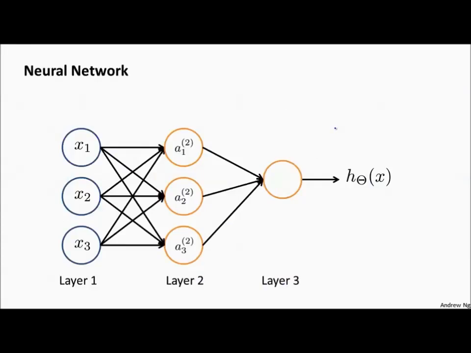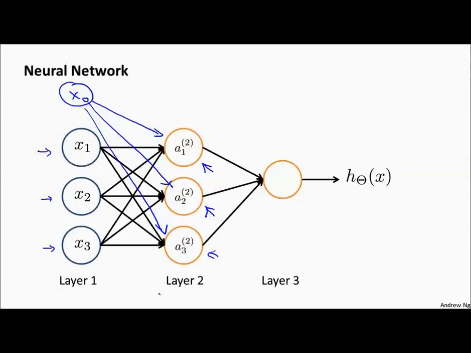A neural network is just a group of these different neurons strung together. Concretely, here we have input units x1, x2, x3, and once again, sometimes we can draw this extra node x0 and sometimes not, so I'll just draw that in here. And here we have three neurons which I've written A21, A22, A23.